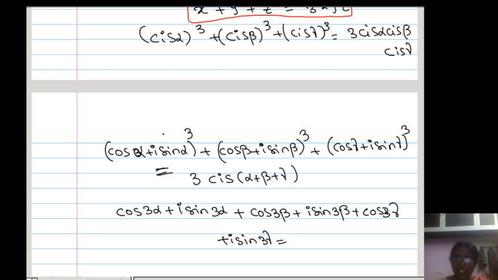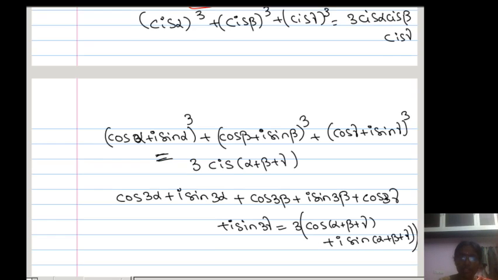This is the LHS. By using De Moivre's theorem we are applying. 3 into cis alpha plus beta plus gamma can be written as cos alpha plus beta plus gamma plus I into sin alpha plus beta plus gamma.